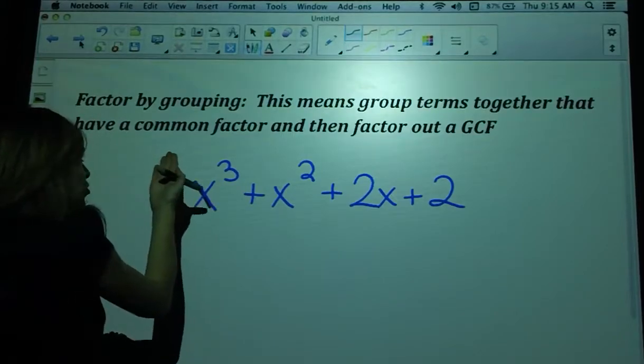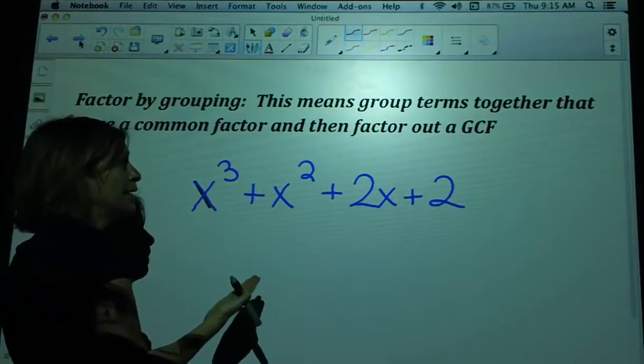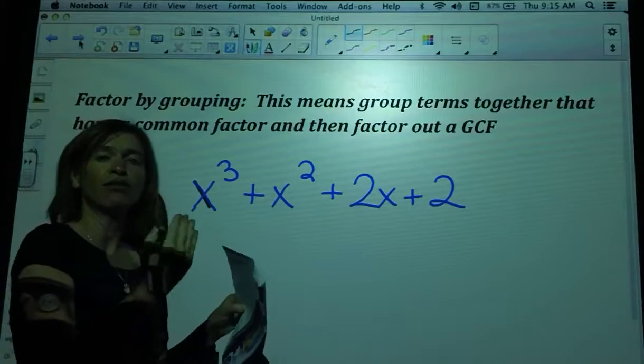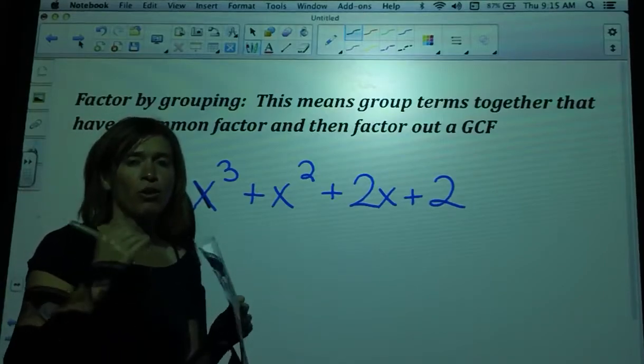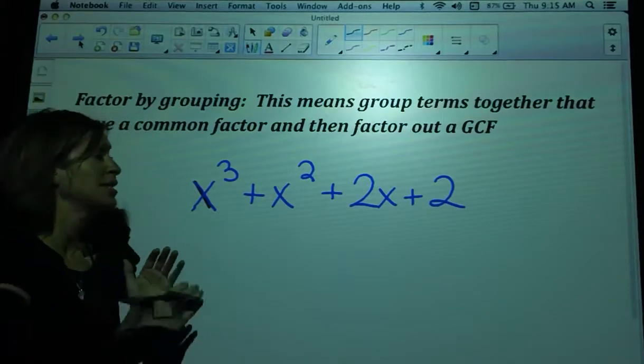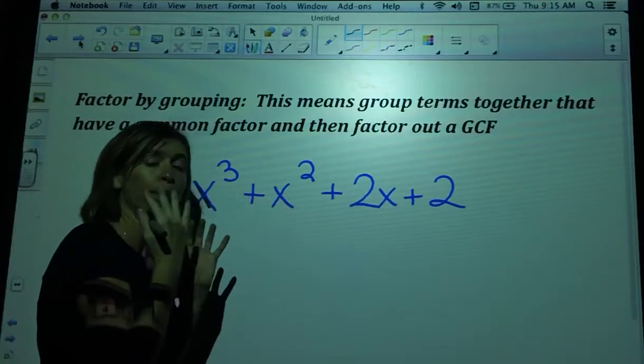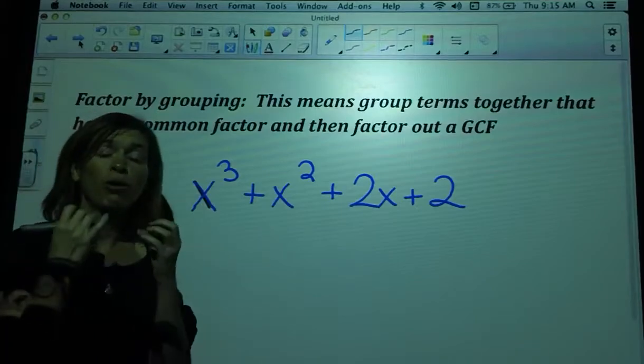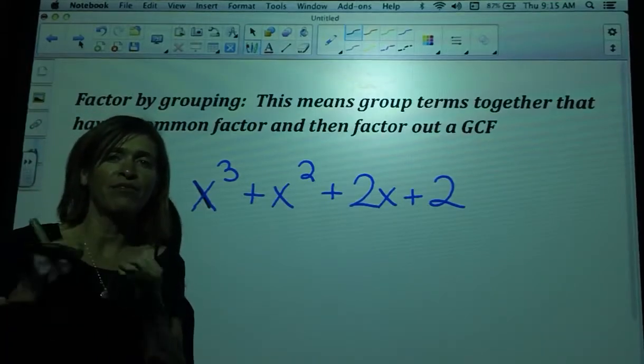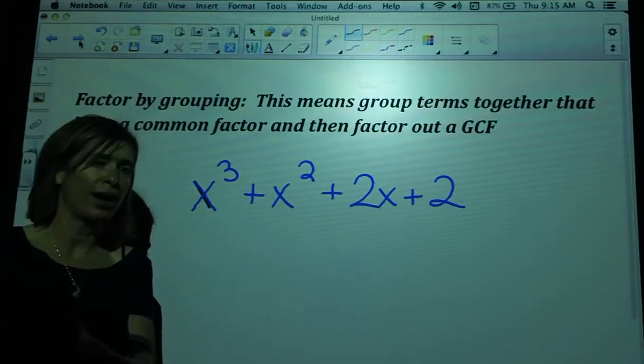All right, so now factor by grouping. I look at this and I see 4 terms. If you're given 4 terms, right now, the only way you're going to learn how to do this is to factor it by grouping. So grouping means group together pairs of things, or more than that, that have a common factor or a pattern you recognize.